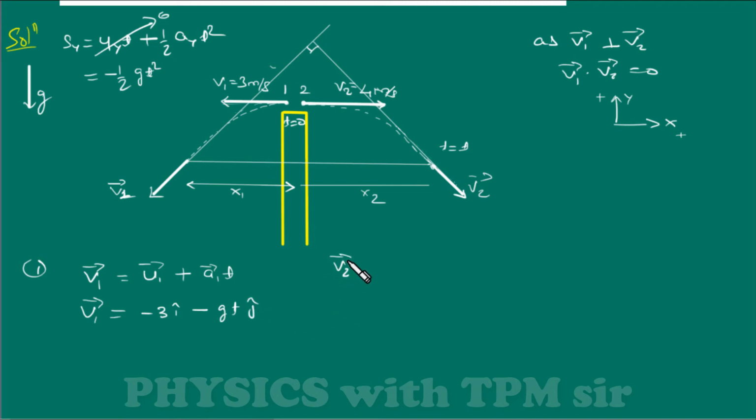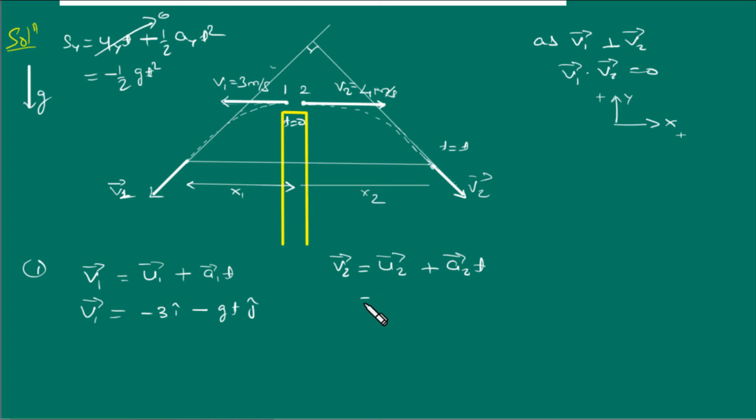Similarly, final velocity of particle 2 will be u2 vector plus acceleration of 2 vector into t, and acceleration of particle 2 will be first, initial velocity is 4 i cap minus g into t j cap, and now we have to do v1 dot v2 is equal to 0.